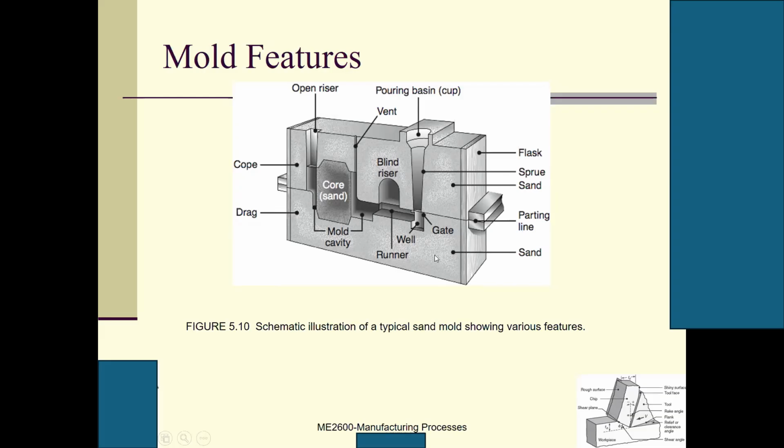So here is the sand. Do you guys know why we use the sand here? Can somebody tell me why? The chemical name of sand is what? Silicon oxide, right?